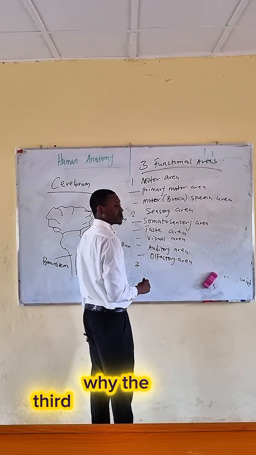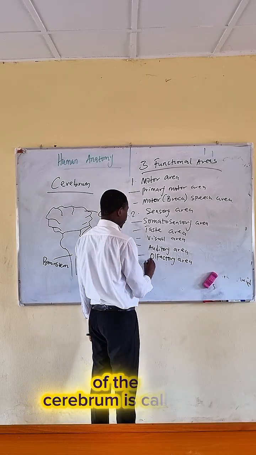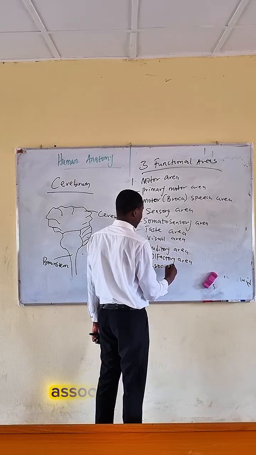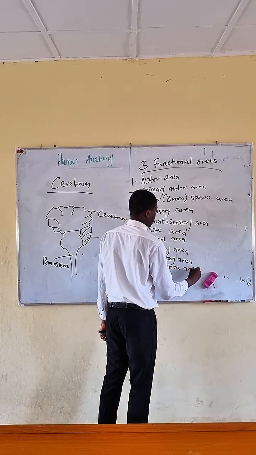While the third functional area of the cerebrum is called the association area.